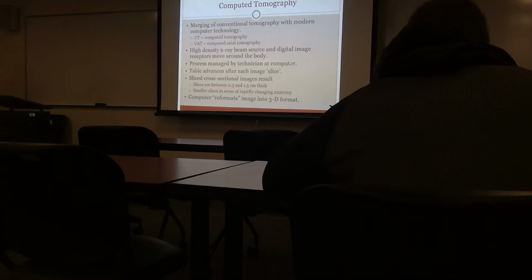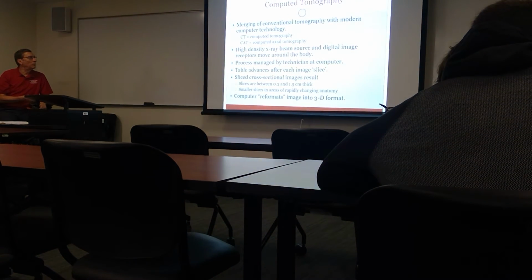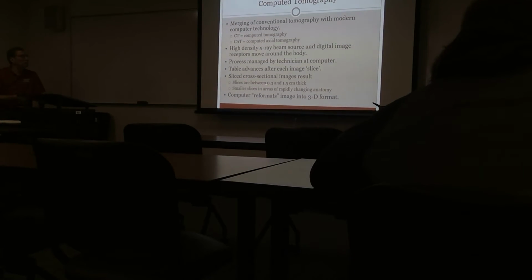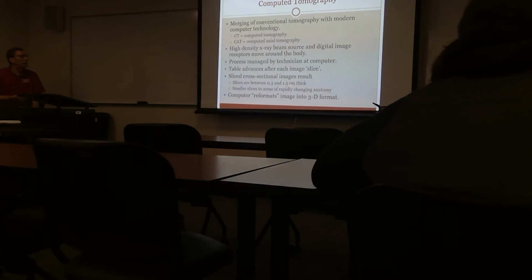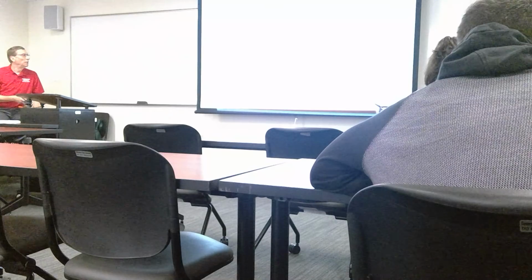The process is managed by a technician and the computer, and they take individual slices of the tissue in all different directions. The sliced cross-sectional images are the result, and they can be between 0.3 and 1.5 centimeters thick. That's all controlled by the technician.